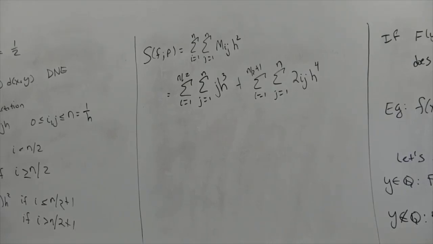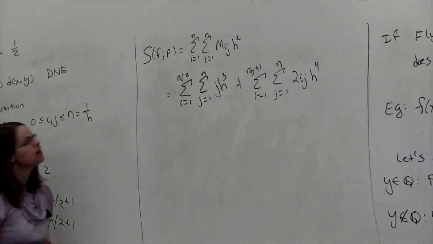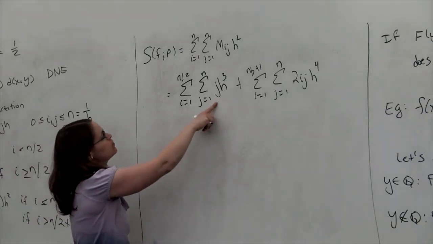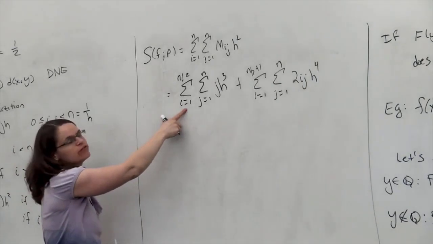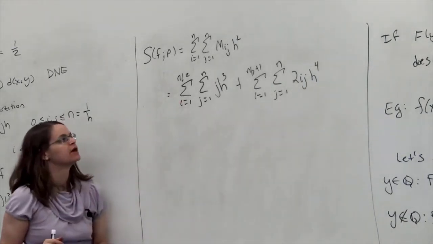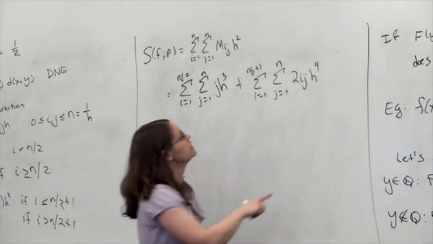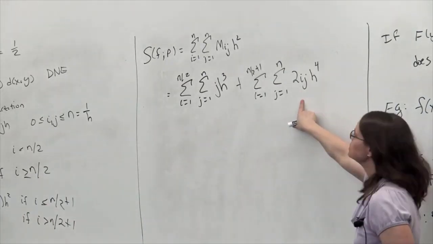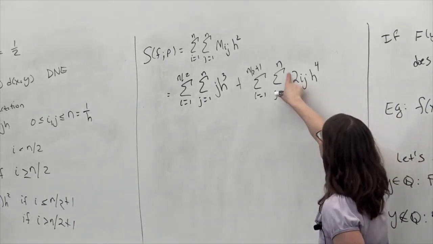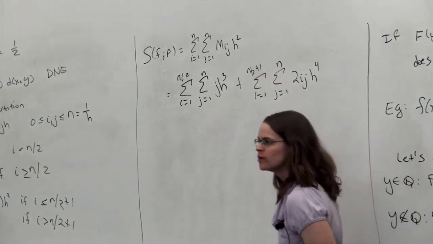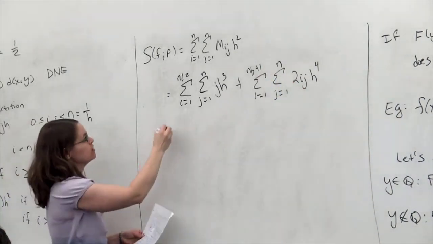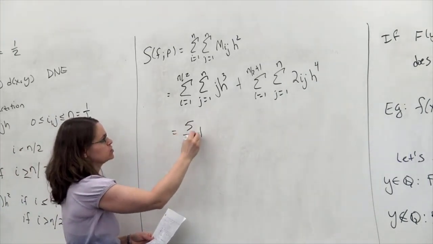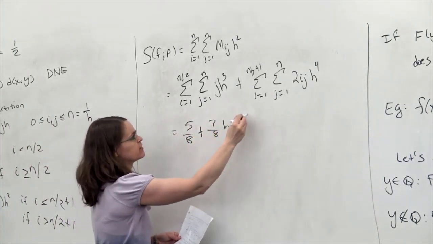Once again, as always, there are formulas for this that you can pull out and use. This is the sum of the first n integers. This is just the sum of a bunch of constants, so it'll just be n over 2. Over here, things decouple, so we're summing over the first n integers and over the first n over 2 plus 1 integers. So at the end of the day, I'll spare you the details, this comes out to something like this.